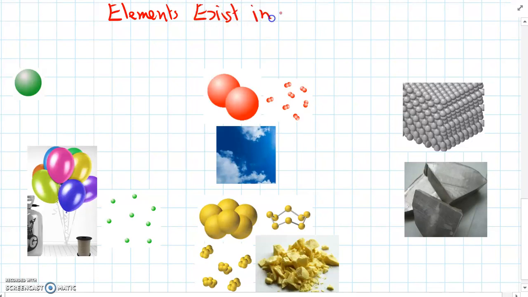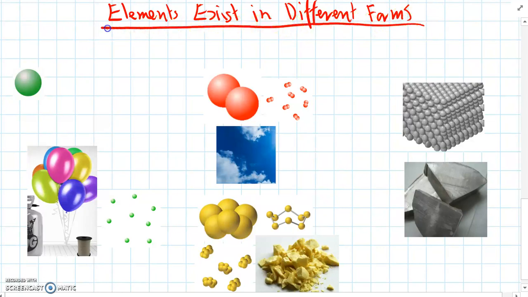Elements exist in different forms in nature. So, the first type of element is where the atom is on its own.